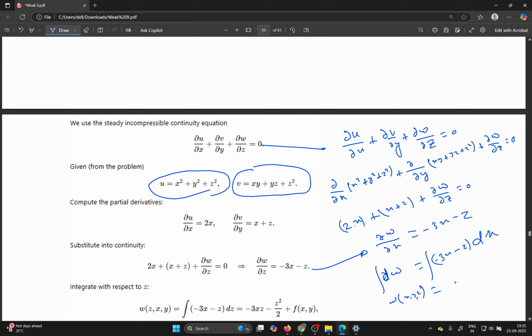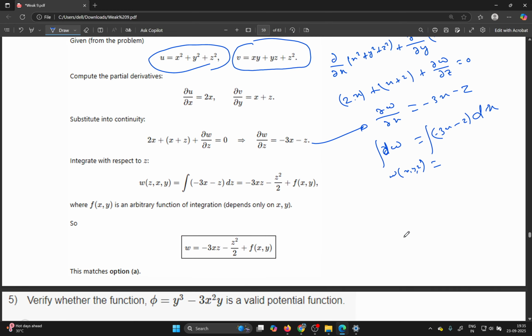Once you integrate, you will get minus 3xz, because remember please, this is x and you are integrating with respect to z, this is not x.